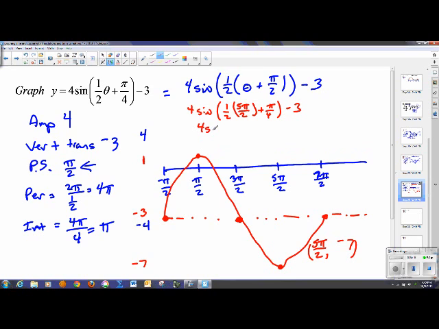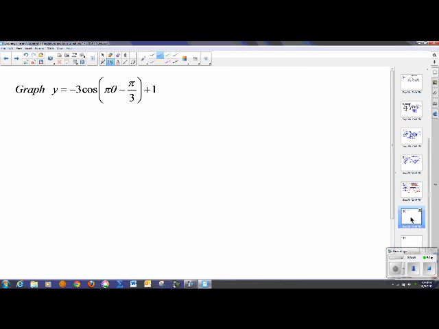So this is 4 sine of 5 pi over 4 plus pi over 4, which is 6 pi over 4, which is 3 pi over 2, minus 3. 4 times the sine of 3 pi over 2. Sine of 3 pi over 2 is negative 1, minus 3 equals negative 7, and it checks out. That's about as rough as it's going to get. Let's do one more, and then we'll call it a day.